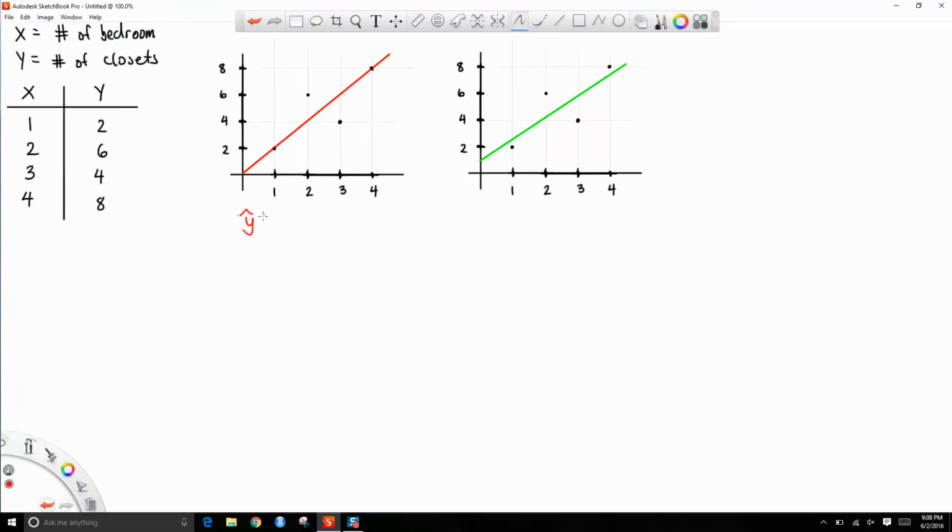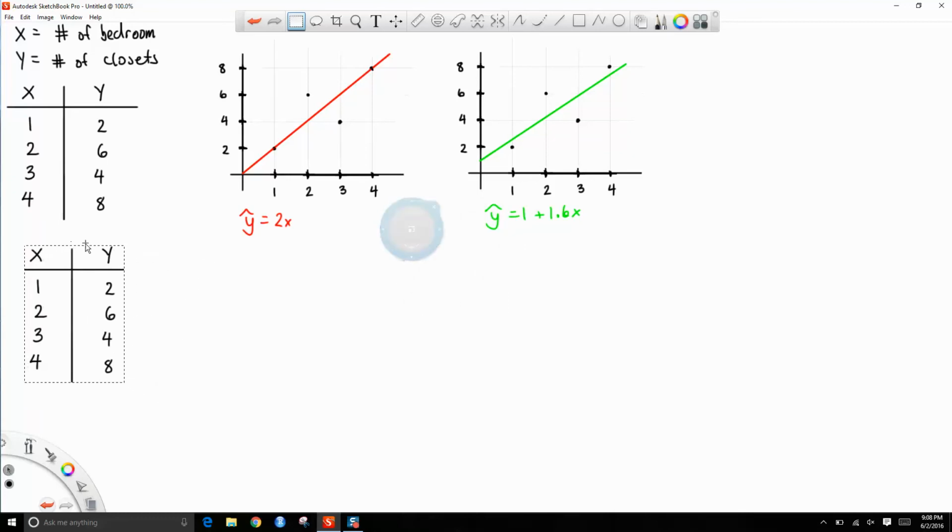I said y hat here is 2x, and y hat over here is 1 plus 1.6x. All right, so let's look at calculating residuals.